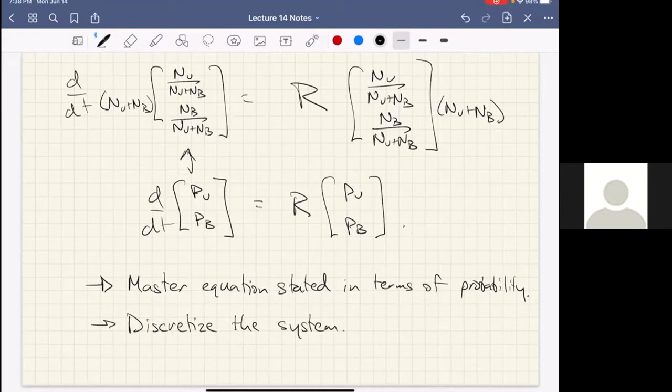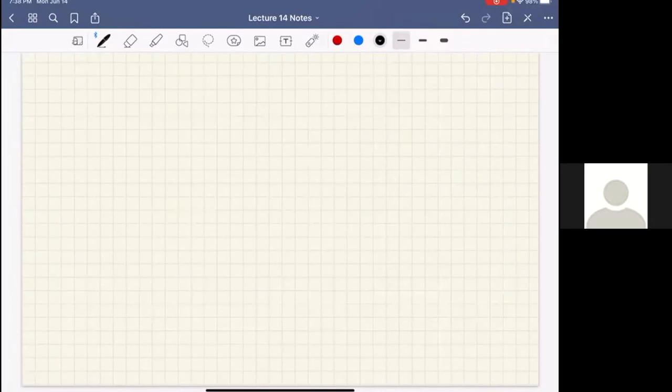And how it works is that if I take that dt across, basically I have dp is equal to R p dt.